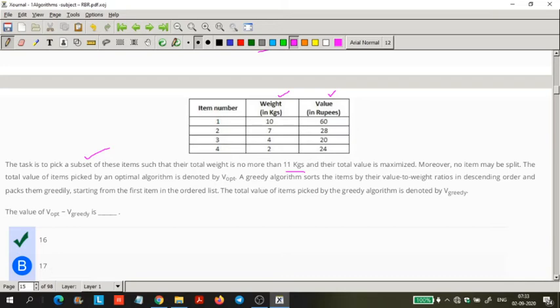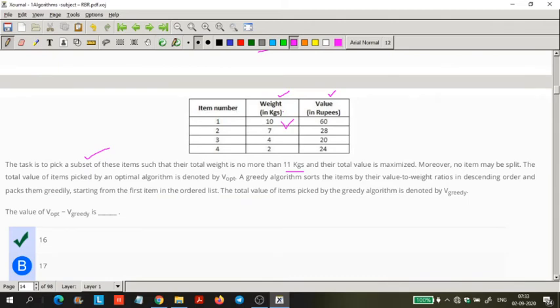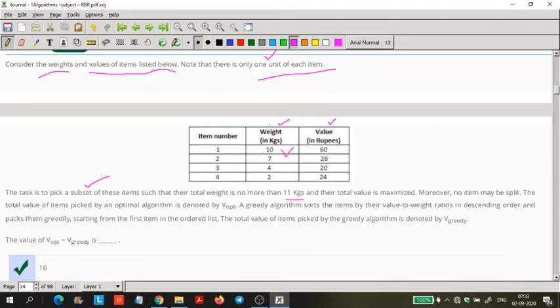The weights given are 10, 7, 4, 2, and there is only one unit of each item. The total weight must not be more than 11 kgs and their total value is maximized. Moreover, no item may be split.